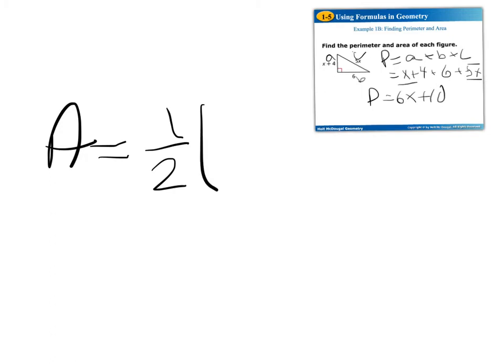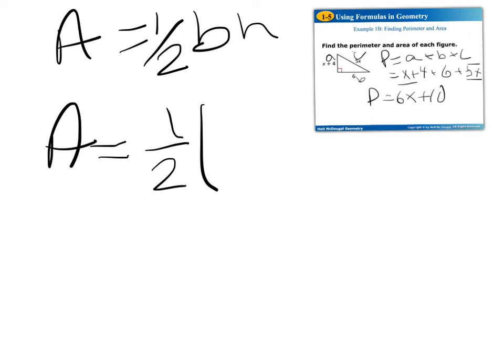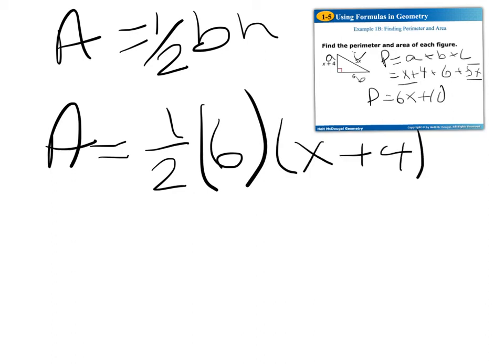Okay, now we're going to find the area. This one, make sure you're distributing everything correctly. Area equals 1/2 base times height. So my base was 6, and my height was x plus 4. I'm going to combine these two first.